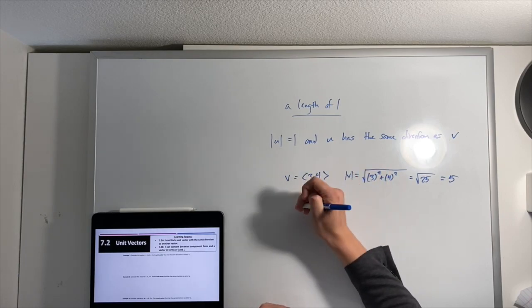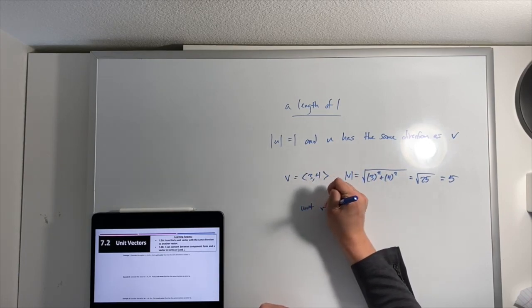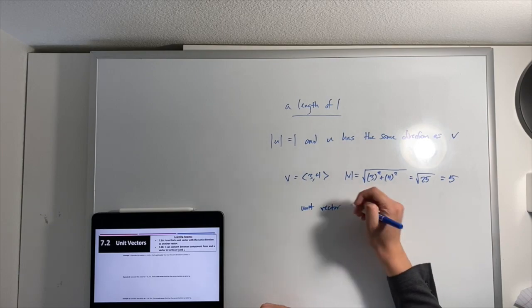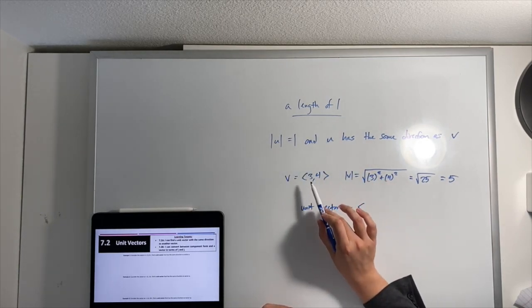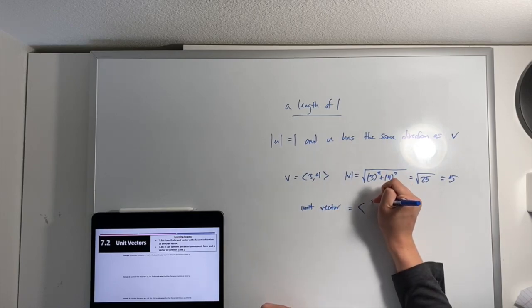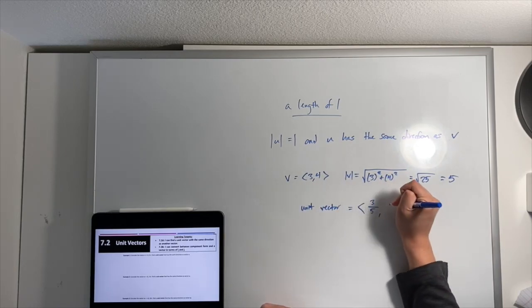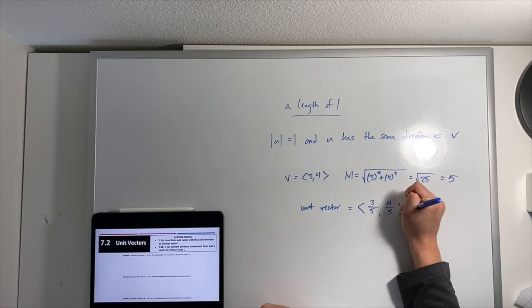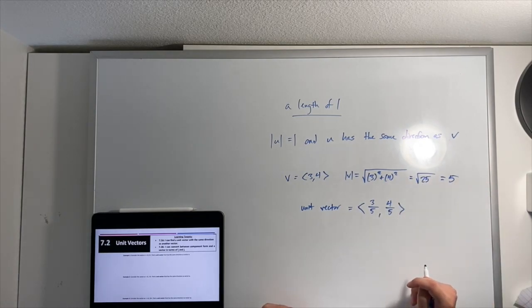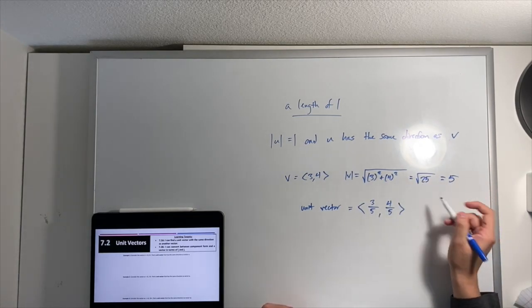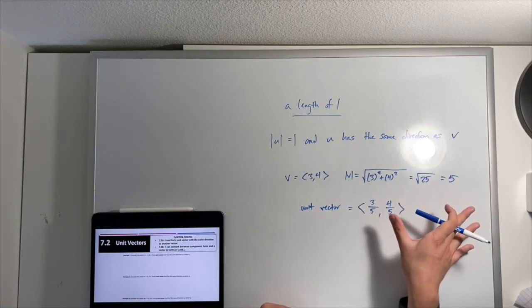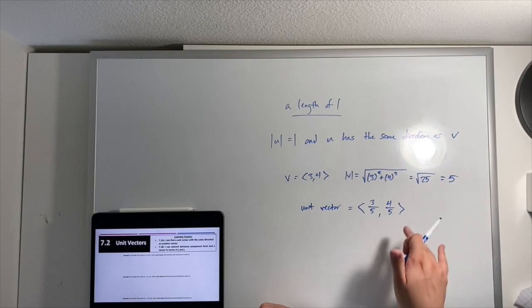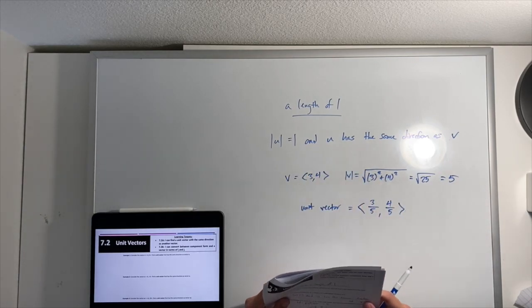So we're going to have a unit vector in the same direction as this vector, but I'm going to take this entire vector and divide it by this magnitude. Again, why? Well, 5 divided by 5 is 1. So I'm preserving the direction this vector originally had, but now I've forced its magnitude to be 1.